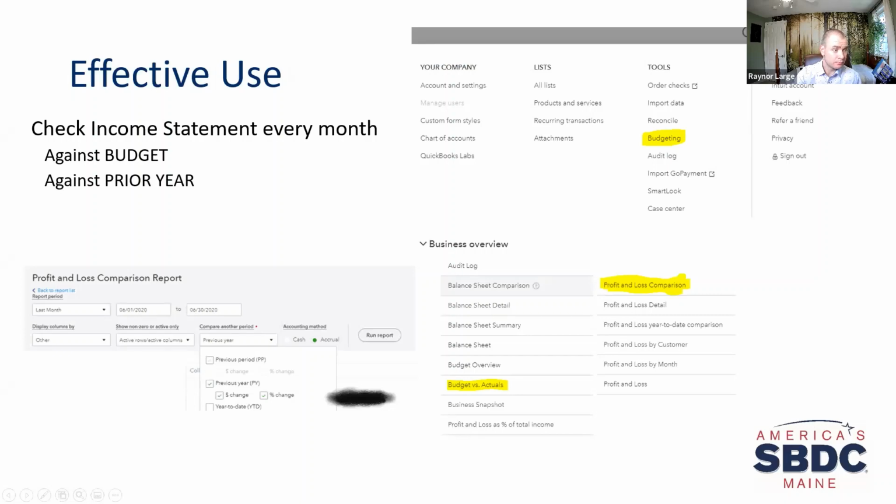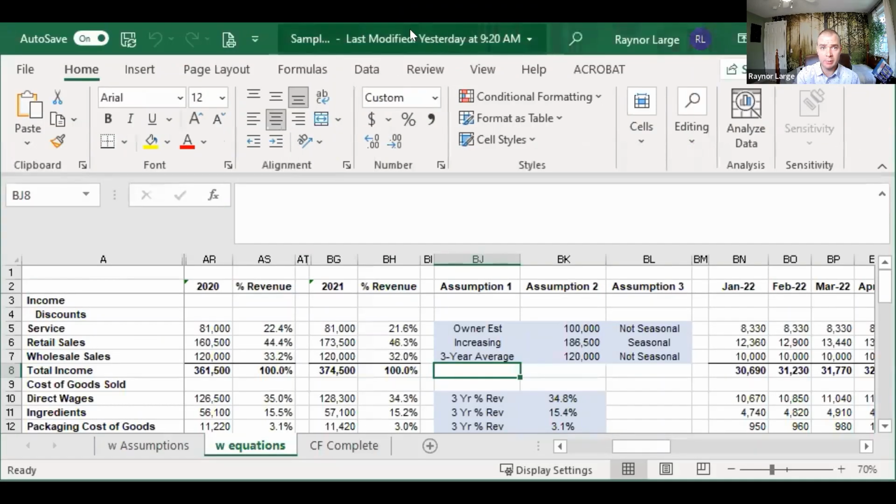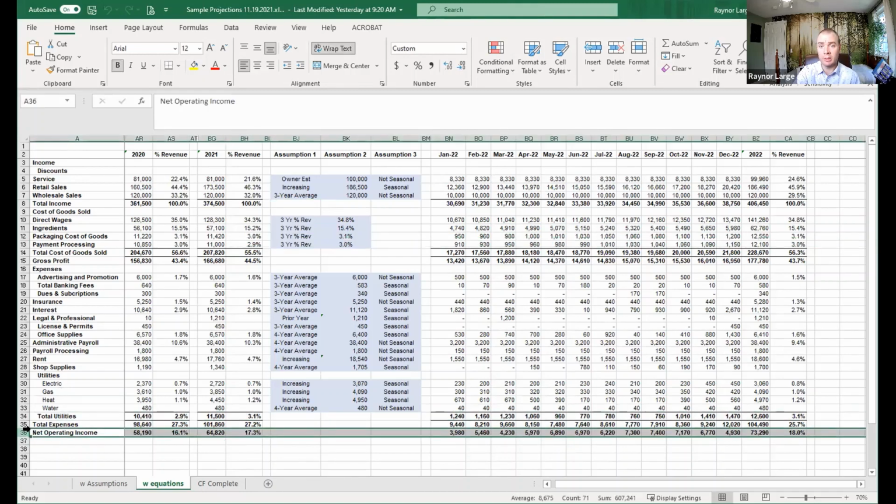Hold on. So where we left off last time, I've hidden some of the years so I can fit it on one tab here. We've got our chart of accounts, which is this left side. This is our income statement, our revenue lines, our cost of goods lines, our overhead, and that leaves us with our net operating income.